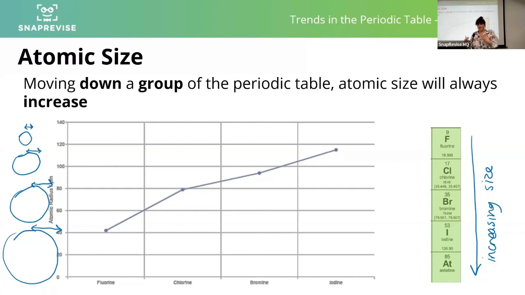And because of that, sometimes your trend could be increasing, sometimes it could be decreasing, or sometimes you could be going bottom to top up a group. It just means the trends are always the same, but the way that you're told to remember it or the way it's introduced to you might be the opposite to the way that you started memorizing it. It's one of the things that makes chemistry really difficult. I will do my best to always talk about trends going from left to right across a period.